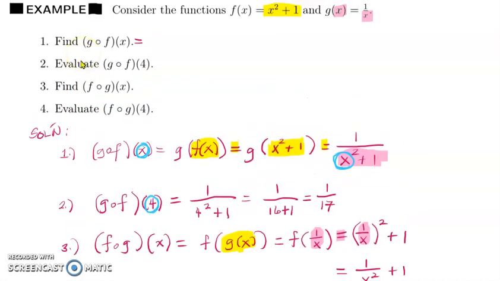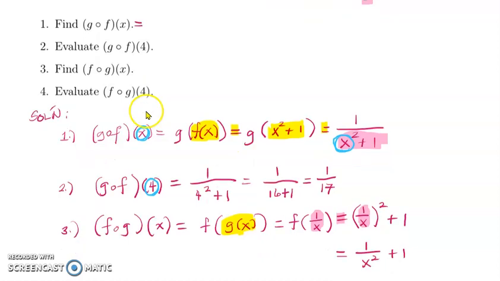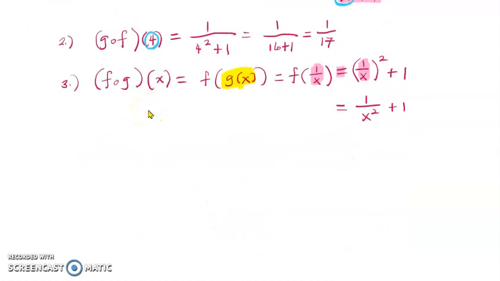Now, we will evaluate the f dot g of 4. So, papalitan lang natin yung x dito sa f dot g ng 4. So, katulad kanina, no? So, f dot g of 4, this is equal to, and our f of g of x is equal to 1 over x squared plus 1. So, palitan lang natin ng 4 itong x dito. Okay?